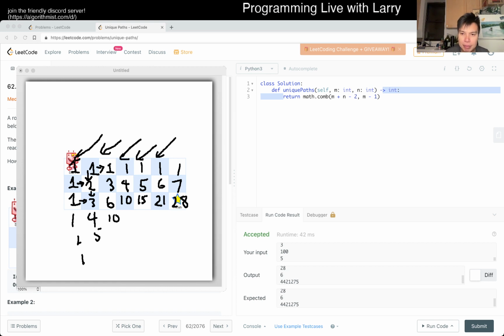I don't know, because you can think about this as, I mean, there are a lot of different properties, of course, but you can think about this as m plus n minus 2 factorial over m factorial, or m minus 1 factorial, right?